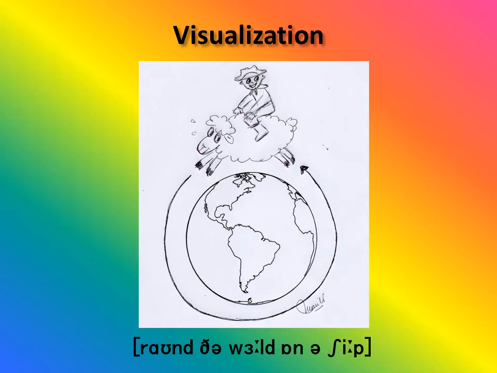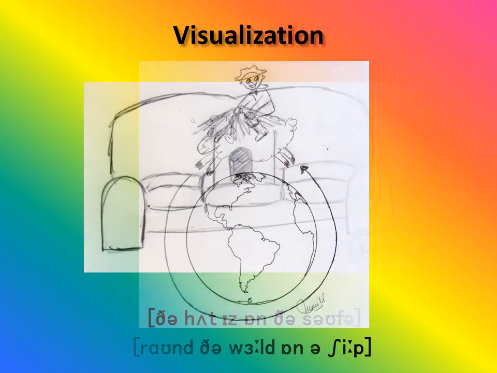In this case, for example, we are showing the meaning of the phrase "round the world on a sheep." The sound is not the long monophthong but the short one if they want to refer to the means of transport.